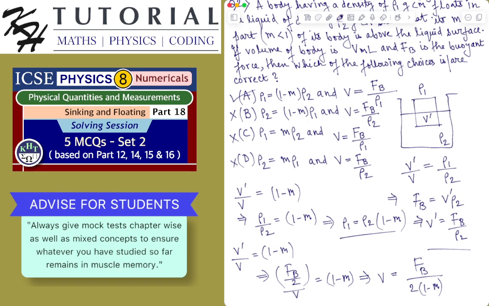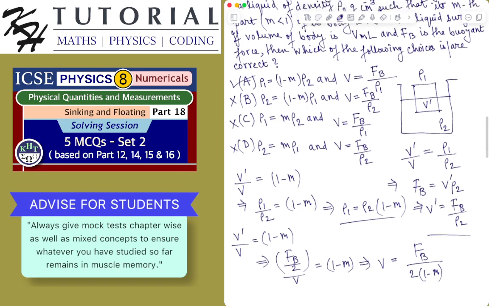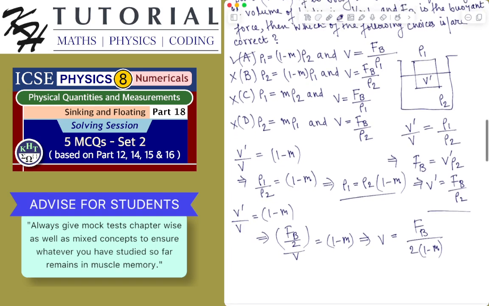Buoyant force. Okay, so V dash is Fb by rho 2. That is fine. Now, since the body is floating, we will have the buoyant force equal to the weight of the body.